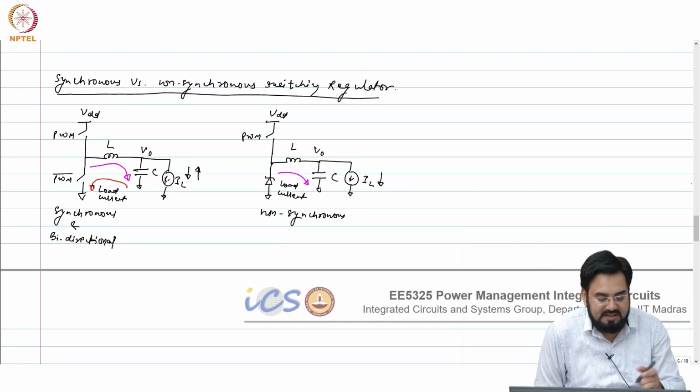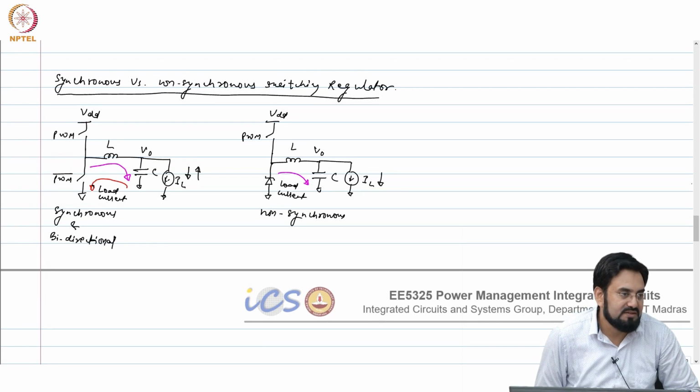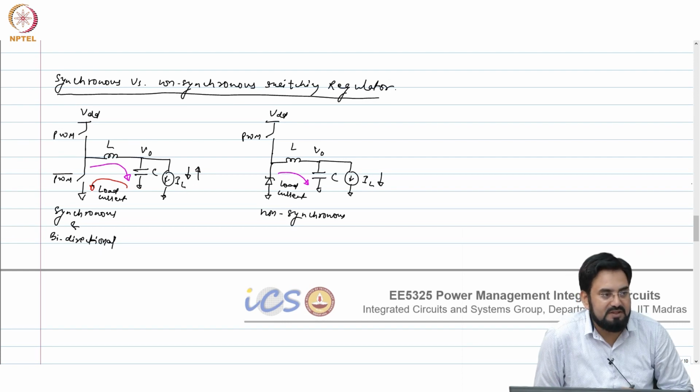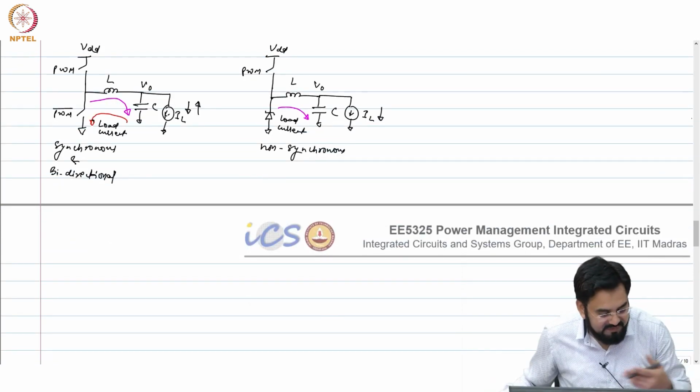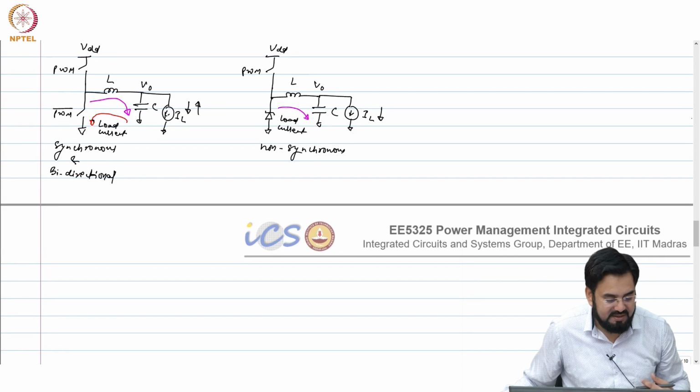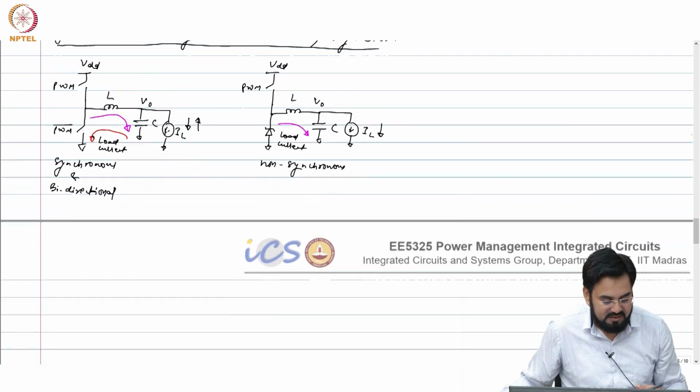We cannot allow reverse current, the diode will just block it because it will get reverse biased, and that is the reason it is only unidirectional, not bidirectional. But here the switch is bidirectional, current can flow from any direction, source to drain or drain to source if you are using MOSFET, and that is why this one is synchronous and bidirectional. So, both have their own advantages and disadvantages, we will talk about that later.